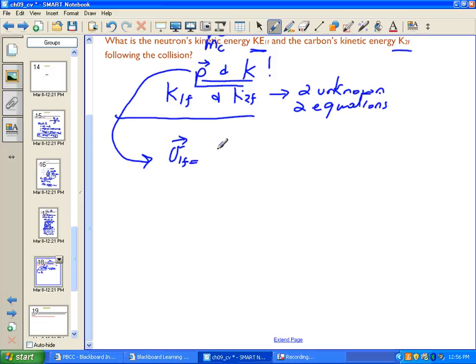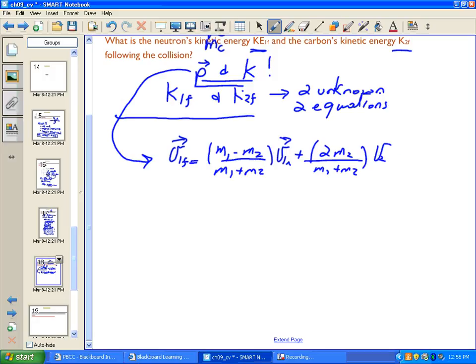V1 final equals (M1 minus M2) over the sum (M1 plus M2), V1 initial plus 2M2 over (M1 plus M2), V2 initial. So this is going to give us one of the unknowns.